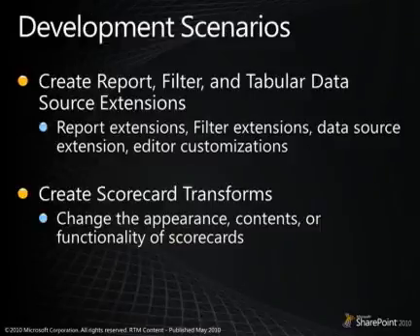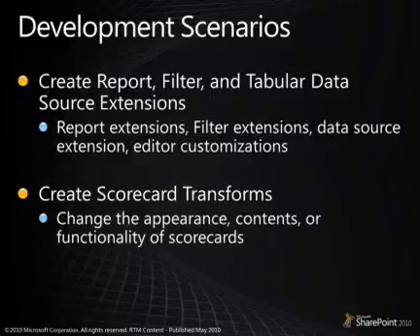There are a few specific scenarios where you might choose to do some custom development for PerformancePoint. For instance, you may want to implement custom reports that render in a different manner than those available in PerformancePoint Services out of the box. Following this theme, you might want to create other custom objects or behaviors, such as appearance and transforms used in scorecards.